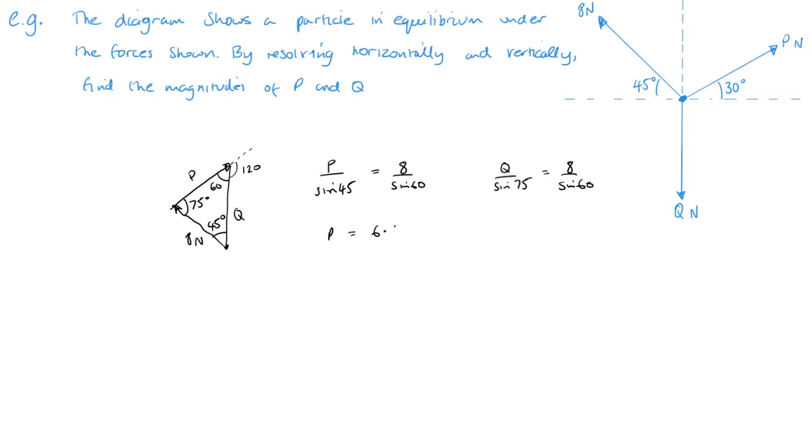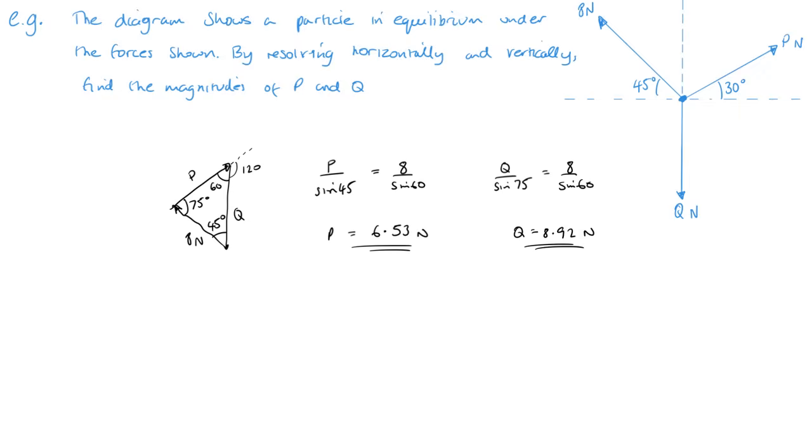P is 6.53 newtons to 3 significant figures, and then 8 over sin 60 times sin 75 gives Q equals 8.92 newtons to 3 significant figures.